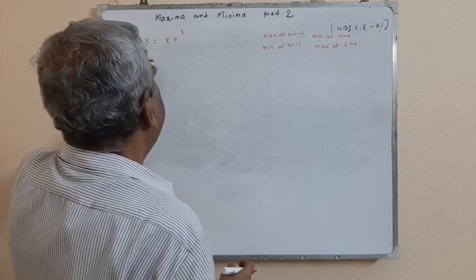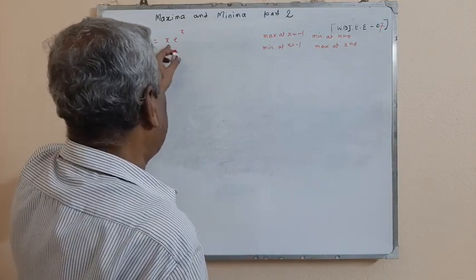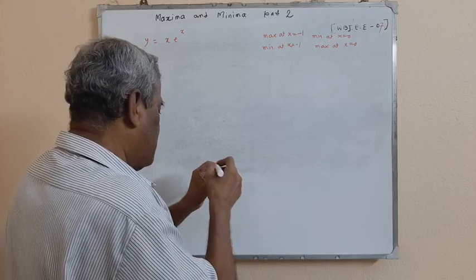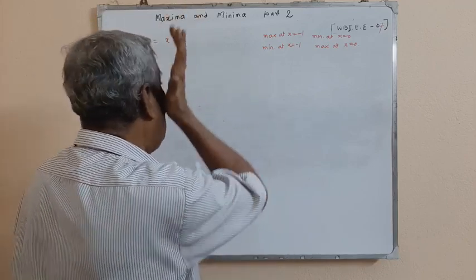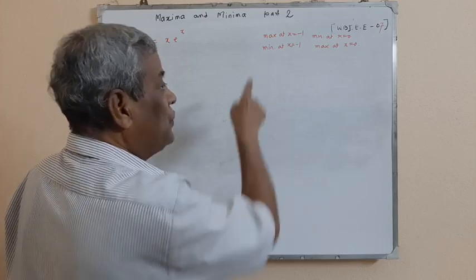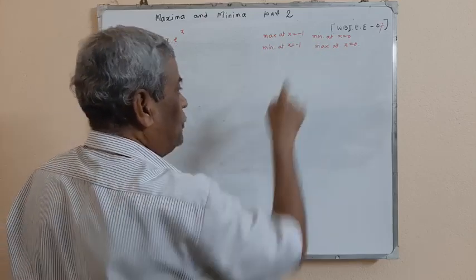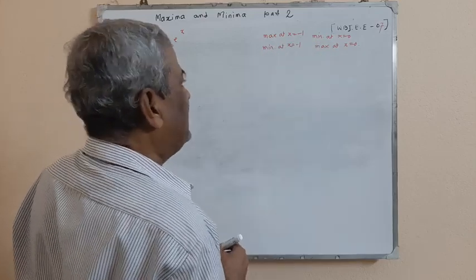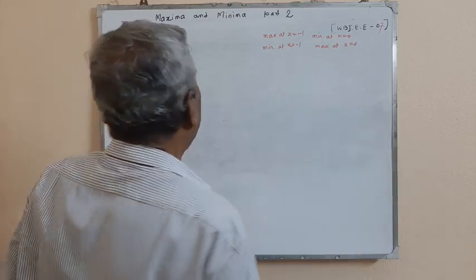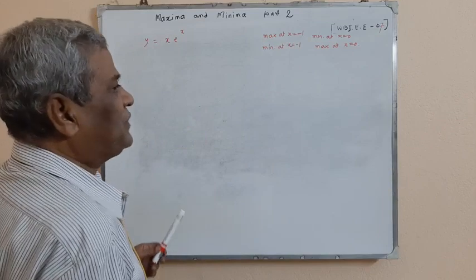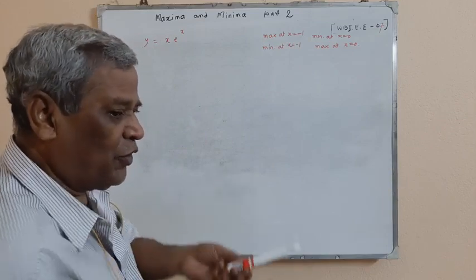So here y is equal to x into e to the power x, that curve is given, that function is given. We have to determine for that curve which one of the following 4 is true, whether it is maximum at x is equal to minus 1 or so on. For that purpose, we have to find either maximum or minimum.